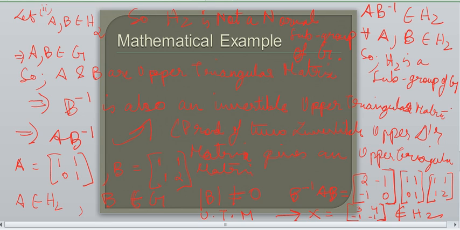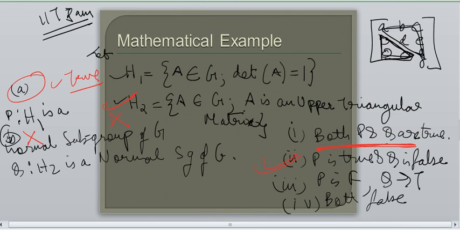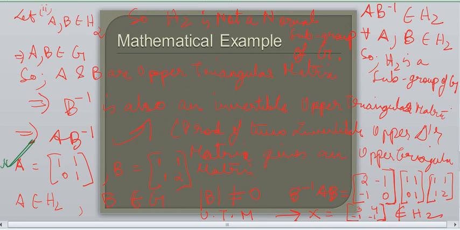A is an upper triangular matrix selected from here, this part. And the B determinant, this one, is taken from the group.